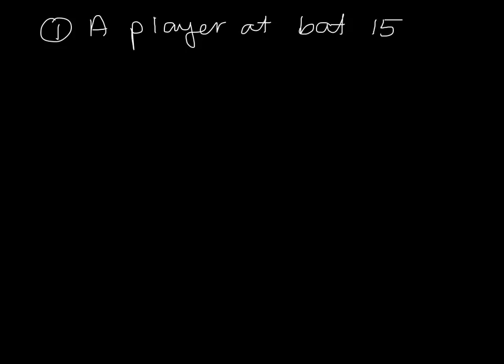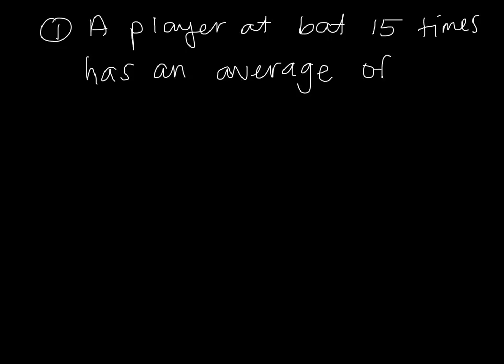All right, I want to do one quick word problem here. We need to write an equation and solve. Okie dokie. So here's what our problem says. A player at bat 15 times has an average of 0.133, 133 thousandths.